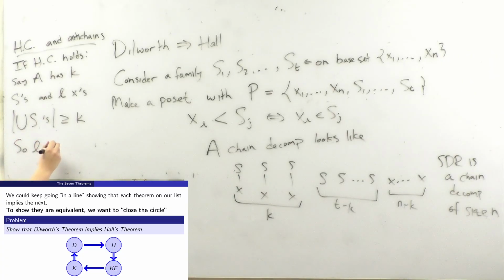On the other hand, if Hall's condition isn't satisfied, then that shows me how to construct an anti-chain with more than n elements in it.